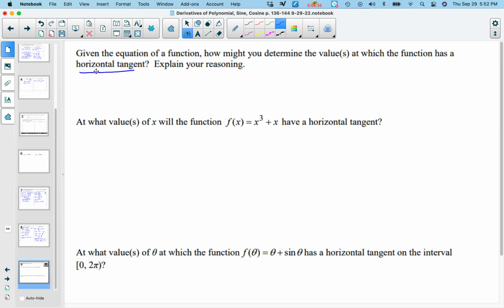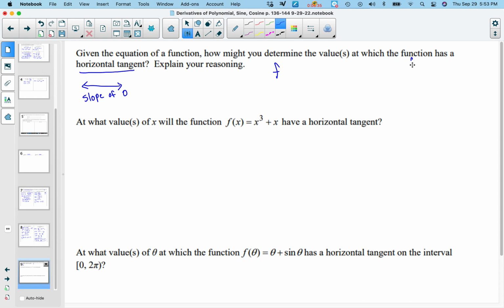So if we have a horizontal tangent, think about this horizontal line, it has a slope of 0. That means our derivative, because remember the slope of our tangent line is equated to our derivative. So how we can find the values where the function has a horizontal tangent is by taking the derivative.